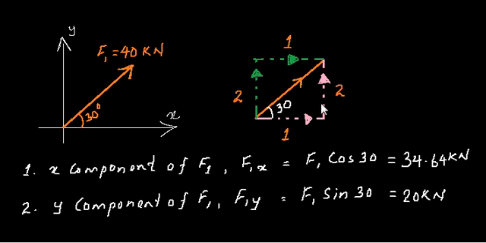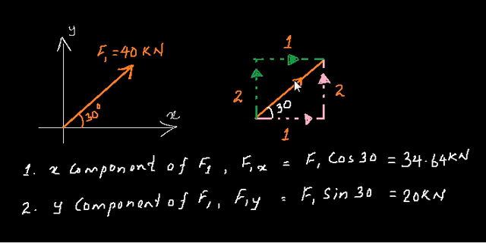So the lines numbered 2 are the ones parallel to the y-axis, and those lines numbered 1 are the ones parallel to the x-axis. You don't have to create both of these. You can either create the one below or the one above the force.